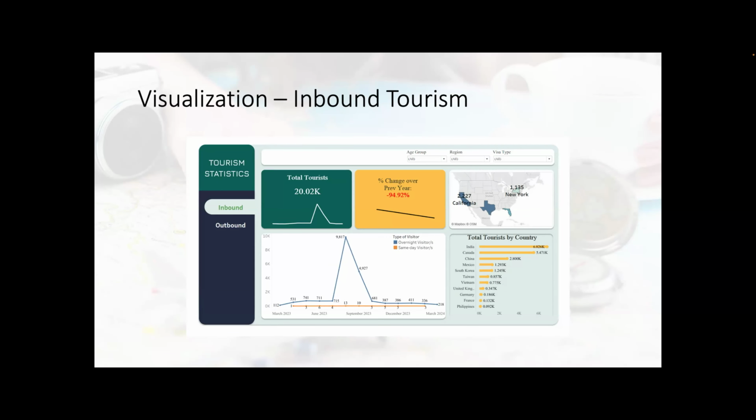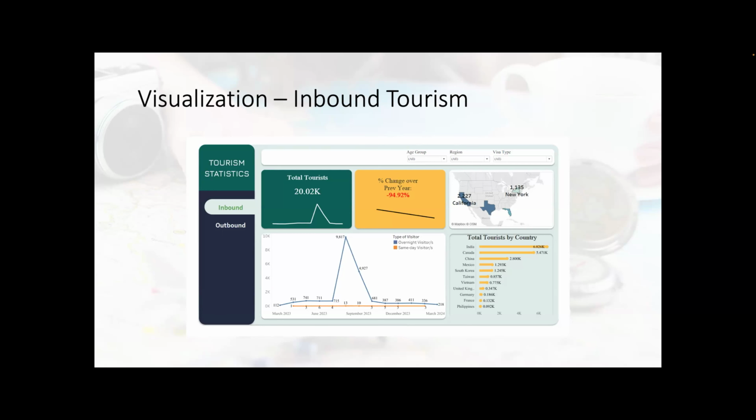We also see more tourists staying overnight rather than same-day exits, which are mostly contributed by tourists with business visas coming into the US for business purposes. India leads with the number of tourists coming in, followed by Canada and China. With the map, it is no surprise that the most visited states in the United States are California, New York, Florida, and Texas.